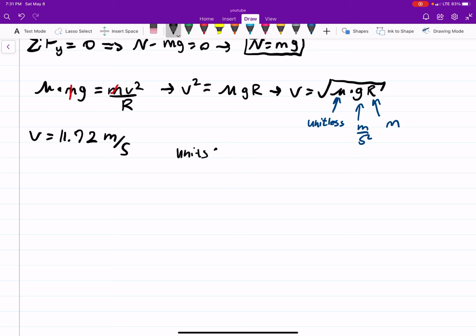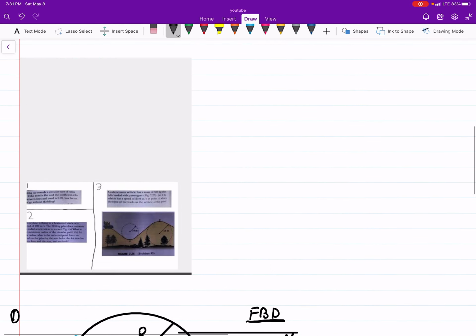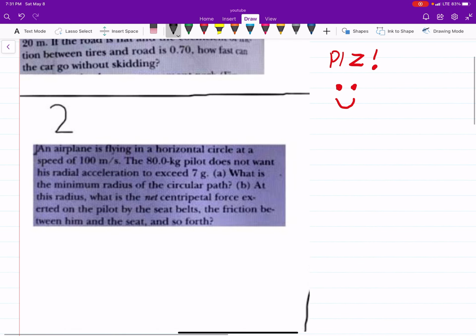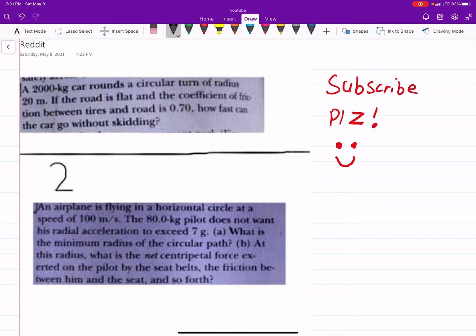So our units then is going to be the square root of meters times meters, meters squared per second squared, or meters per second, which checks out. That's our units for velocity. Okay, so that is how we do that problem.